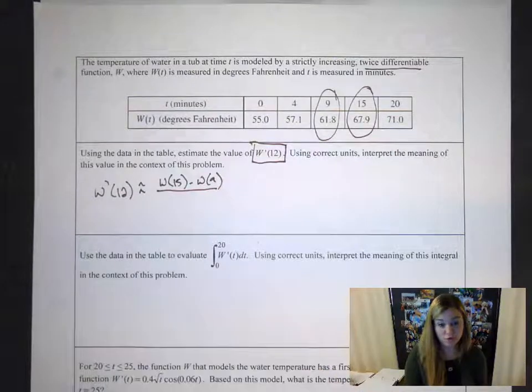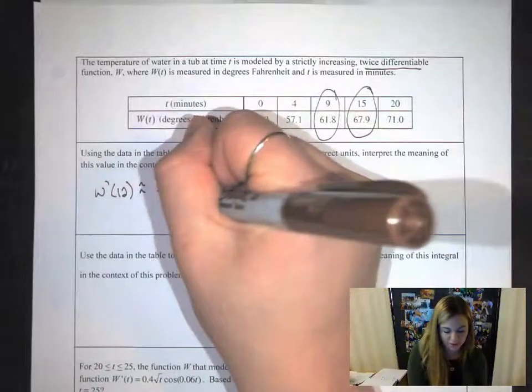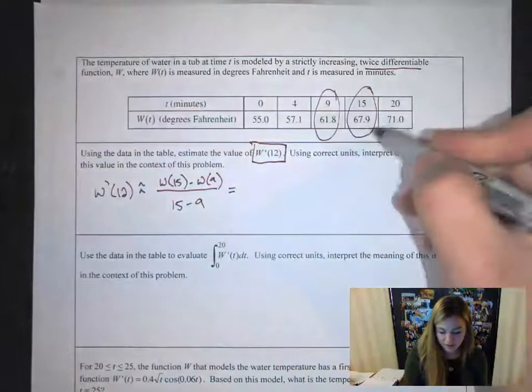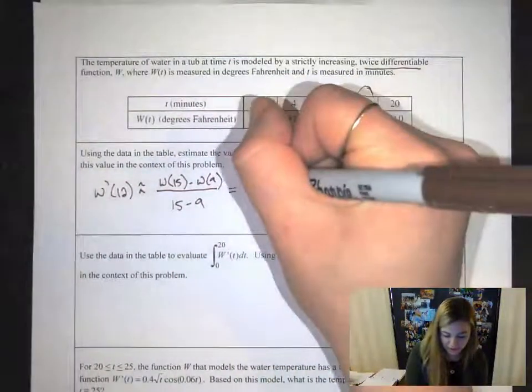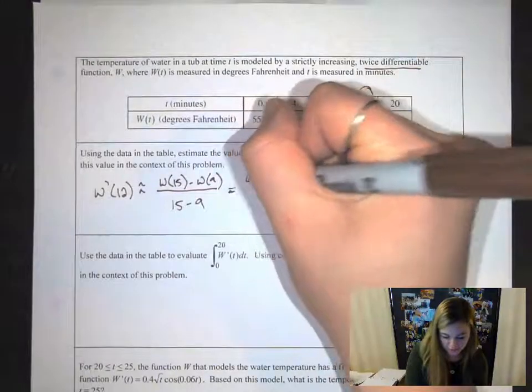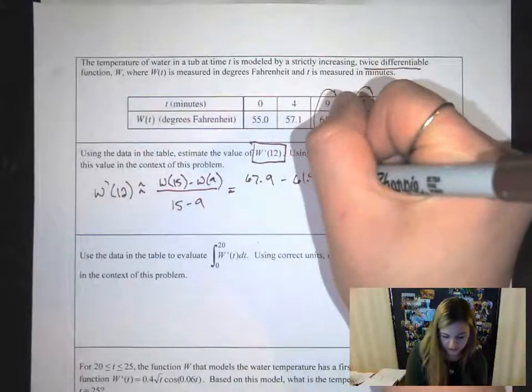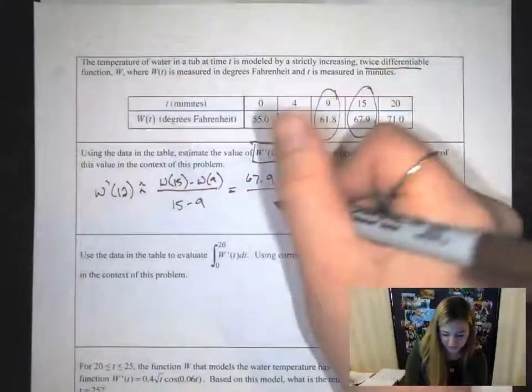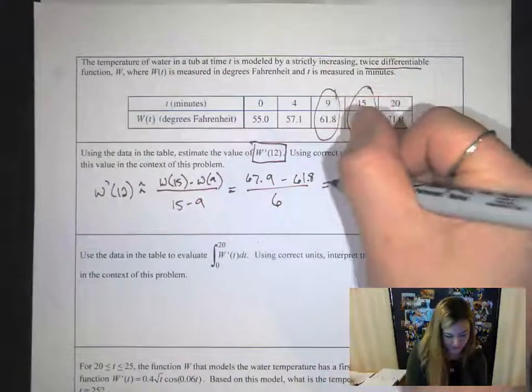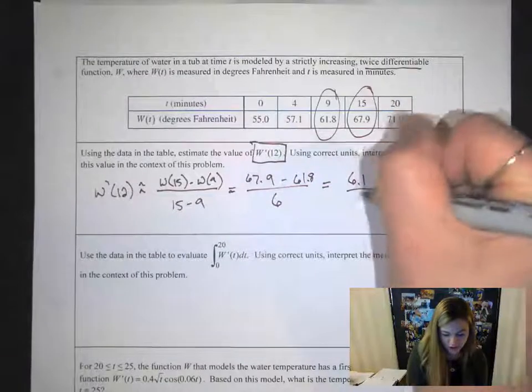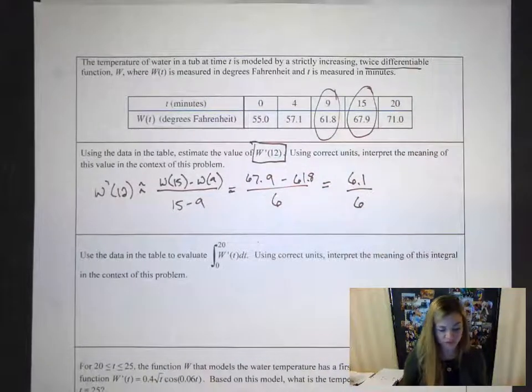And even if you don't, it's also good to have it because there are different ways people approximate this. 15 minus 9. So this would be 67.9 minus 61.8, over 15 minus 9, which is 6. And then you can keep it like this if you want. So once you get the 6.1 over 6, you can keep it like that.